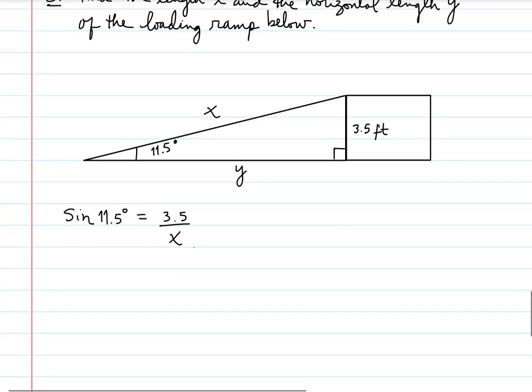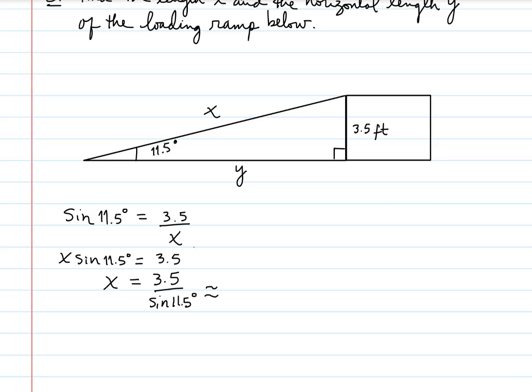Notice how we're only finding x, and we can solve for x by just cross multiplying. I'm going to do it every step. If you put the x on the other side, 3.5, then you can move the sine and divide everything by sine of 11.5.